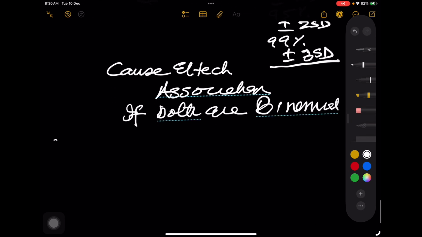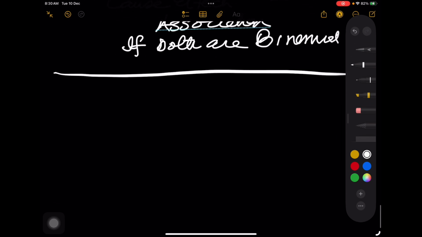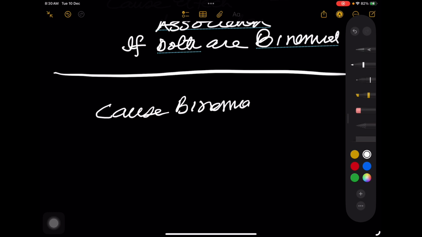Now let us move to say that if the cause is binomial and effect is numeric.